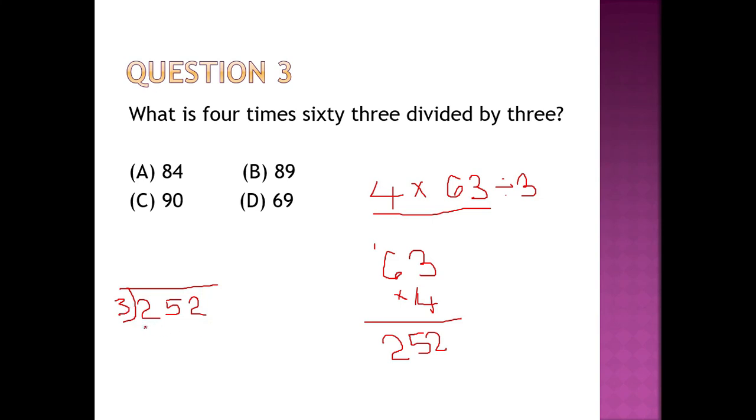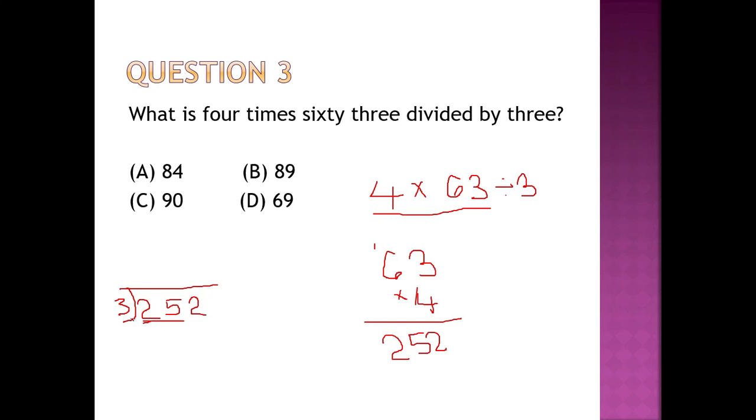If the first digit in the dividend is smaller than the divisor, we look at the digit beside it also. In this case, 3, the divisor, is larger than the first digit in the dividend, which is a 2. So we take the number beside it, which makes the part that we're focusing on 25.